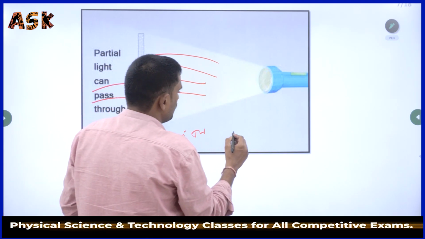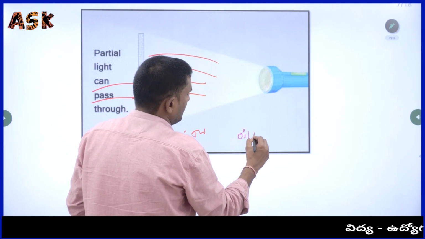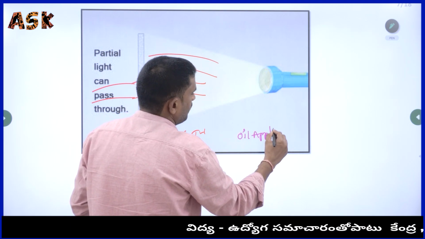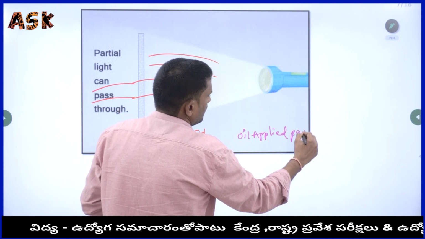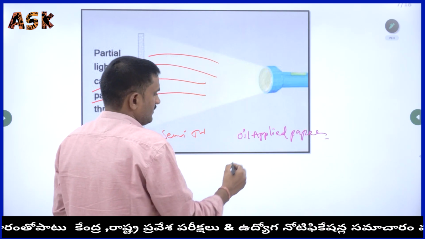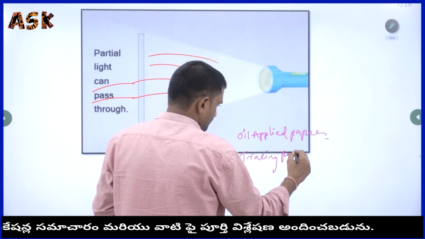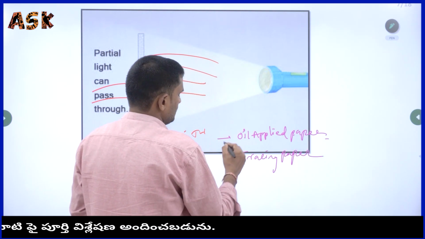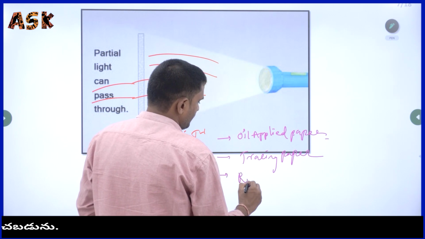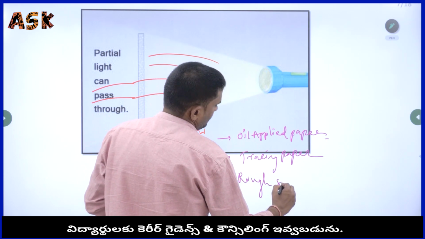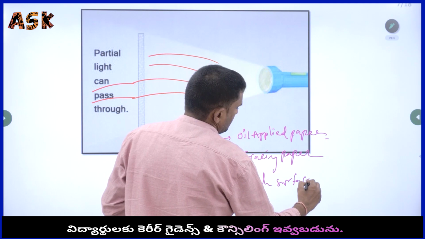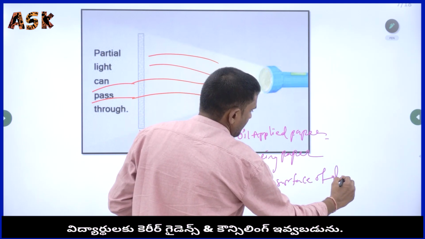For these, examples are oil applied paper, tracing paper, and rough surface of glass.